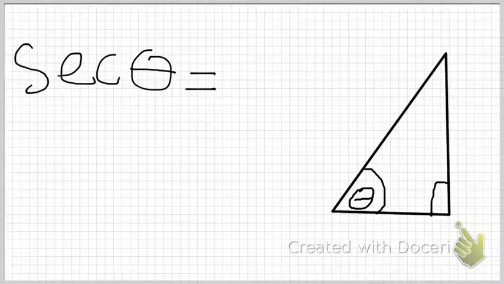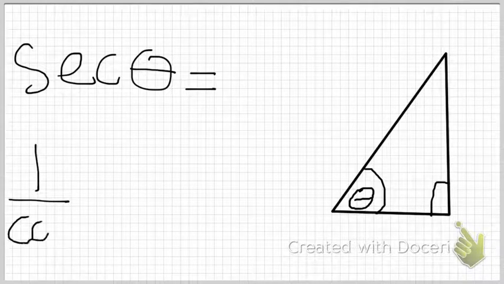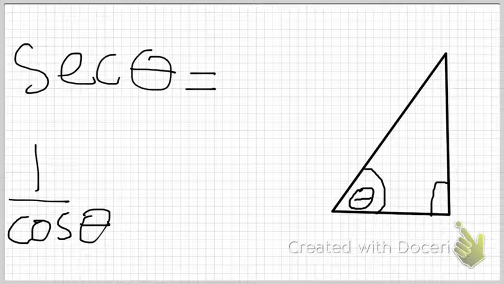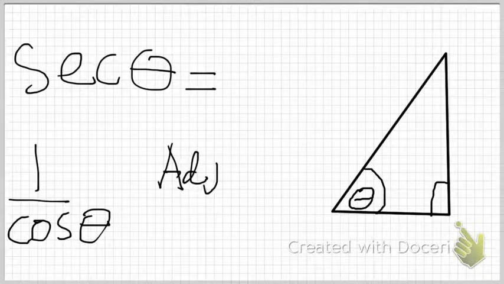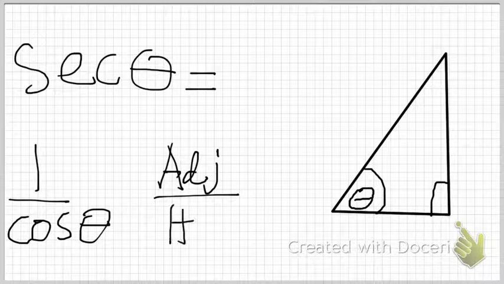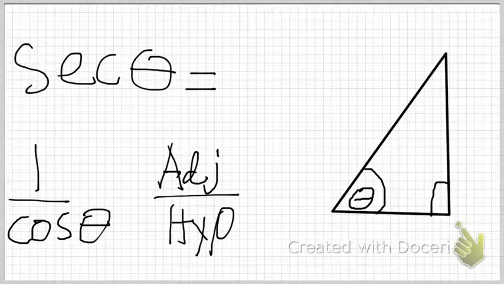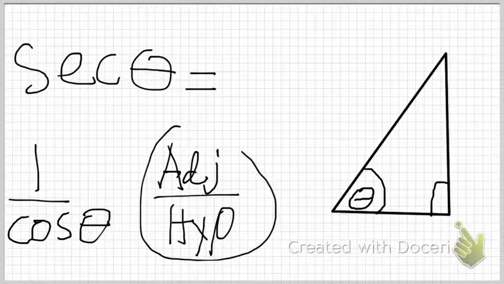Now for secant of theta, it's a reverse of cosine of theta. Don't forget the theta, that's a main part. Now to find cosine of theta, it's adjacent over hypotenuse. But since now we're trying to find secant of theta, you flip this fraction.